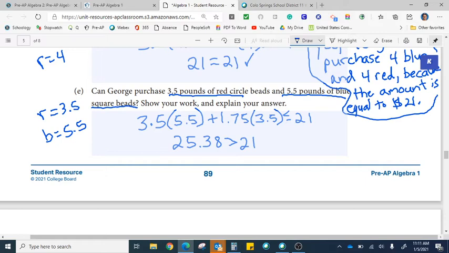So no, George can't buy that amount. Okay, George cannot.